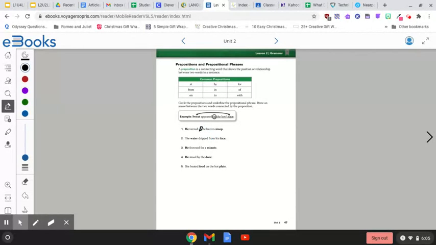So we're going to circle at. And what is at? What are we telling the location of at? At what? At the stoop. So we're going to underline at the barren stoop. What was at the barren stoop? He was at the barren stoop. So I'm going to draw an arrow from stoop to he.